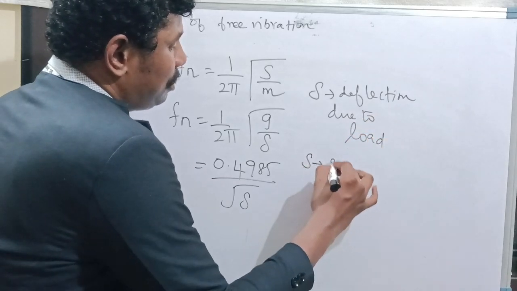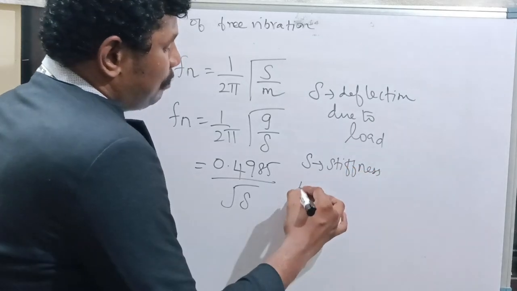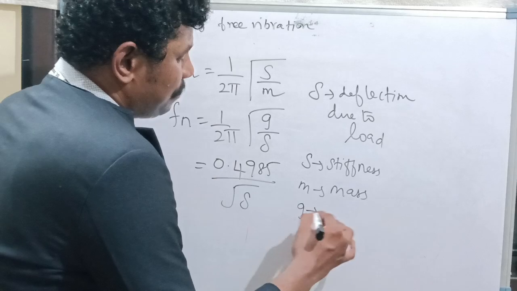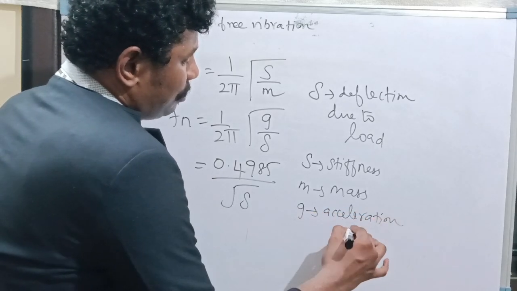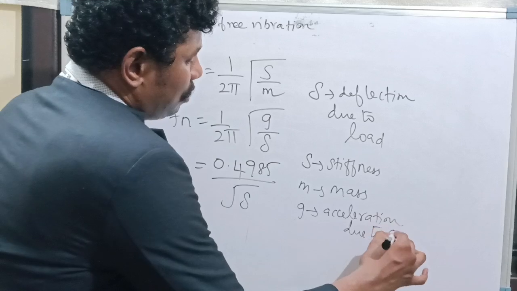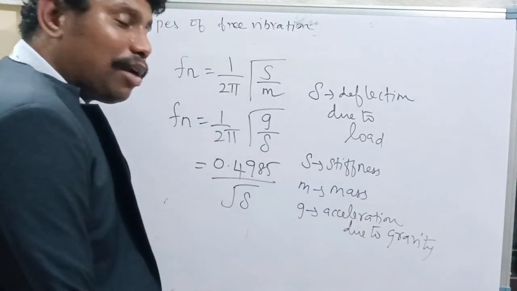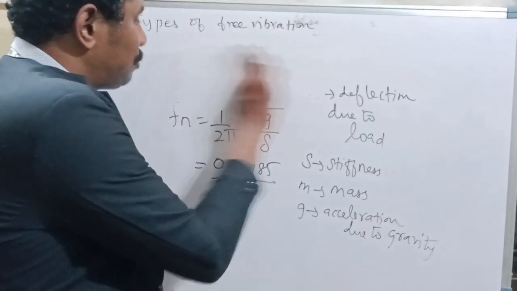S is nothing but stiffness. Then M is nothing but mass. g is acceleration due to gravity. So this is the important formula for calculating the frequency of longitudinal as well as transverse vibration.